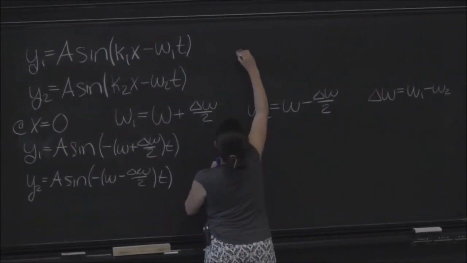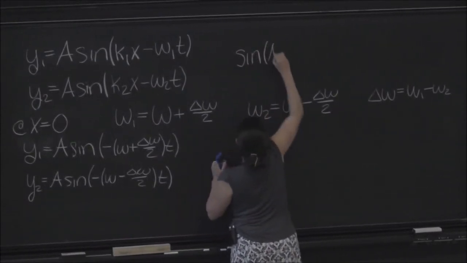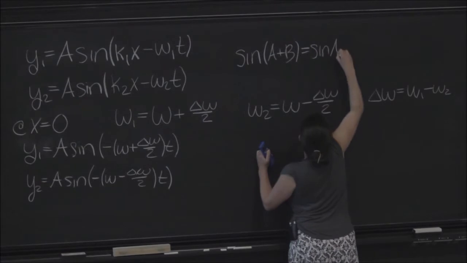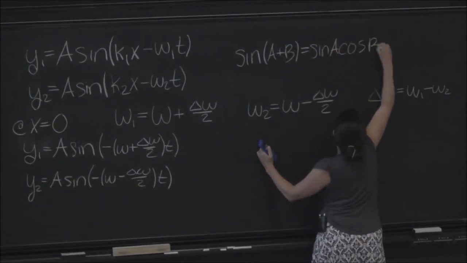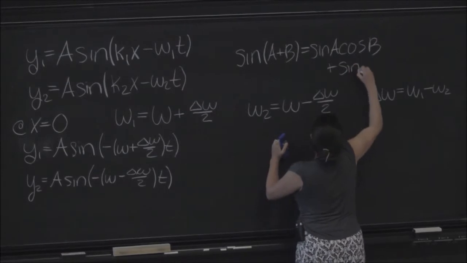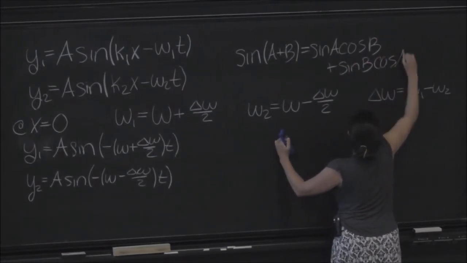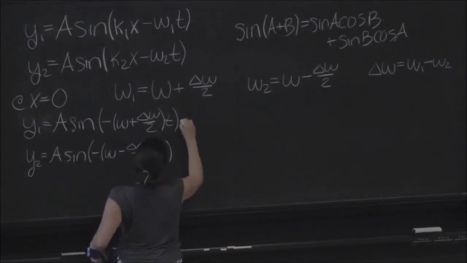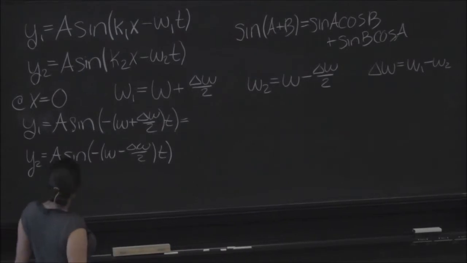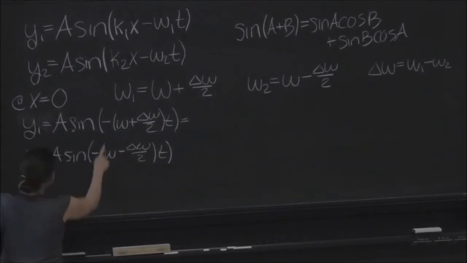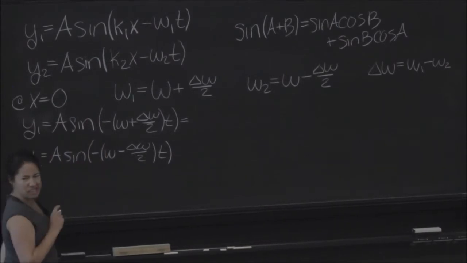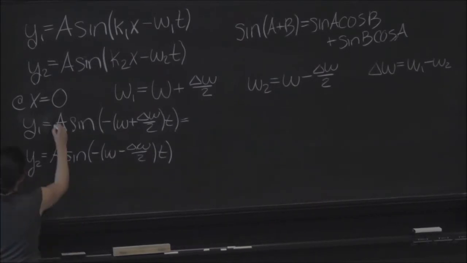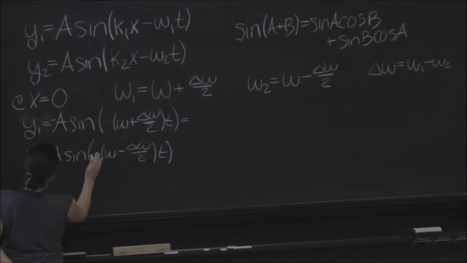Remember that sine of a plus b is sine of a cosine of b plus sine of b cosine of a. We're going to use that right here. This negative here, I can just pull it out, right? Sine of negative theta is negative sine of theta. I'm going to pull that out here, and do the same thing right here.